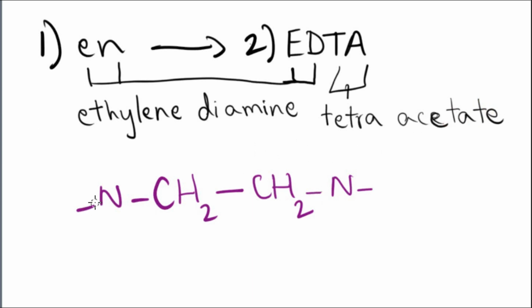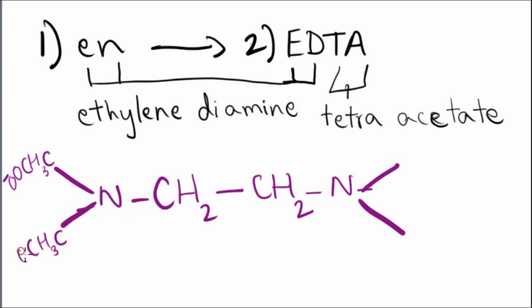So if you learn the name, ethylene diamine tetraacetate, it will be very easy for you to draw them. And it's a very common question in the chemistry test paper to draw EDTA or to draw complexons. Complexons are metals attached to EDTA which form salts. So this is what it looks like.